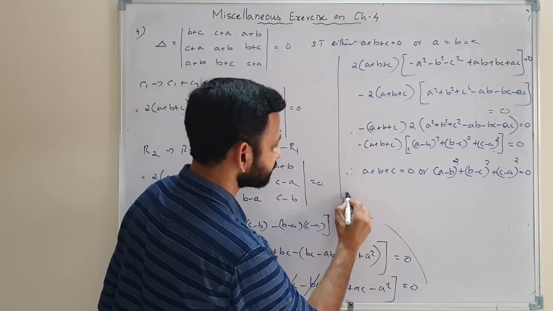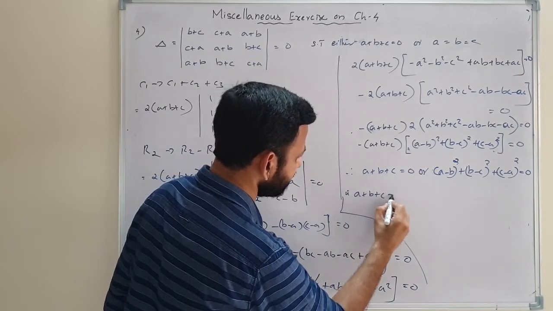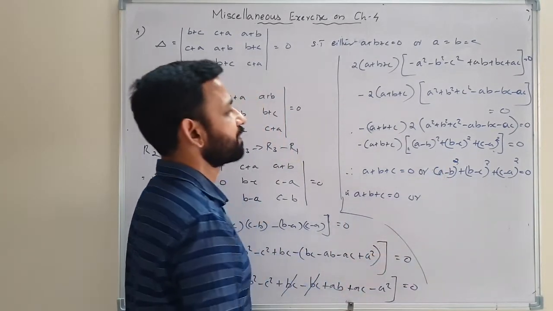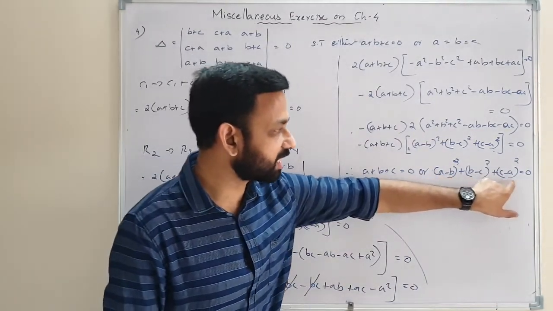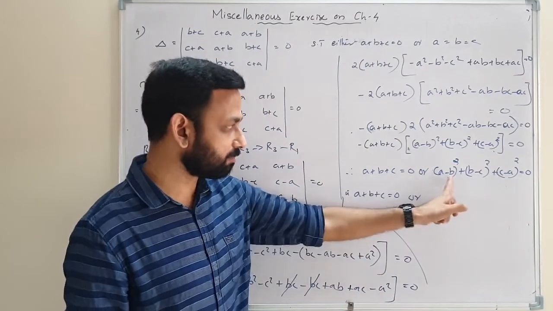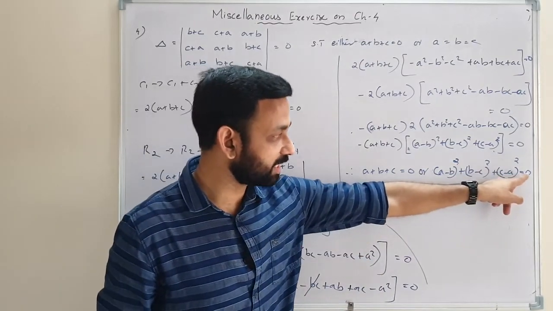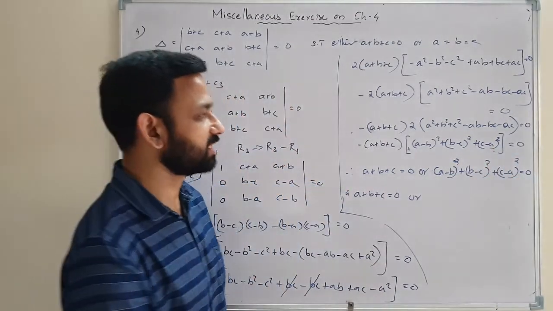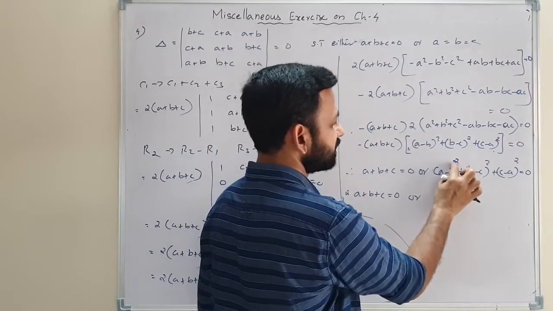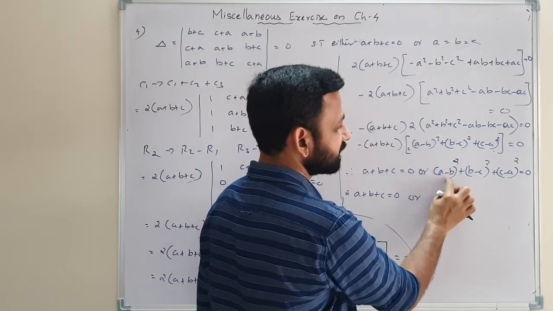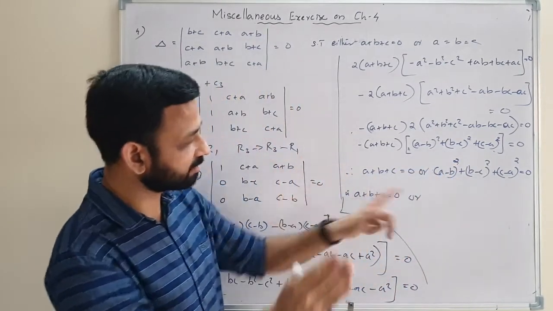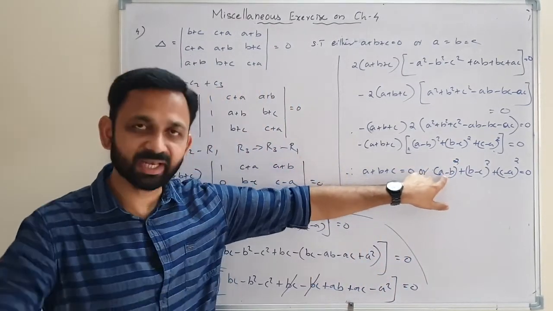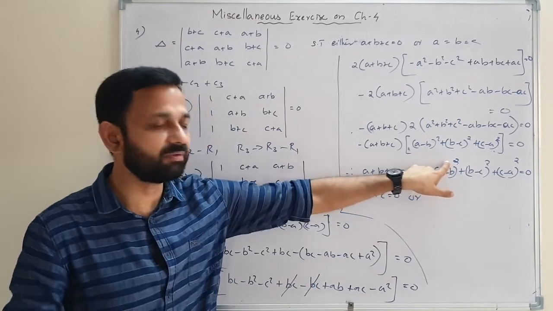That is, a plus b plus c equal to 0, or, and here this is the sum of the squares of three expressions. Sum of the squares of three expressions equal to 0. So each of them, because it's a square, cannot be negative. Suppose a minus b is negative, but (a minus b) whole square will always be positive.